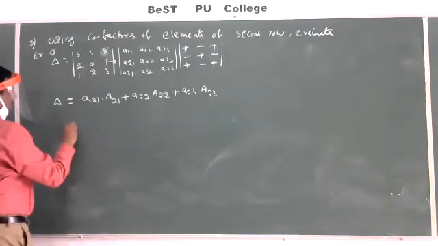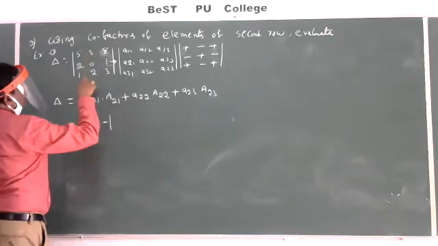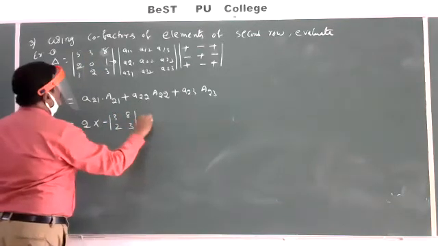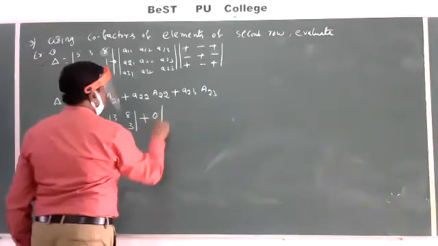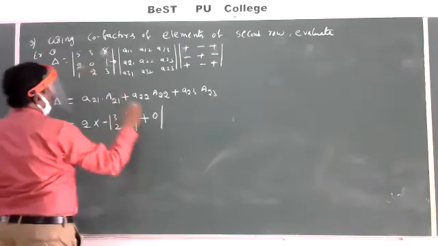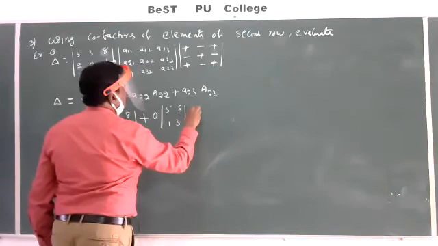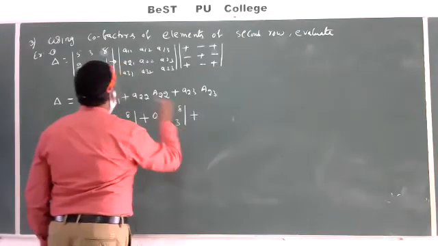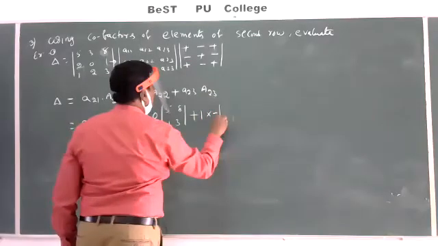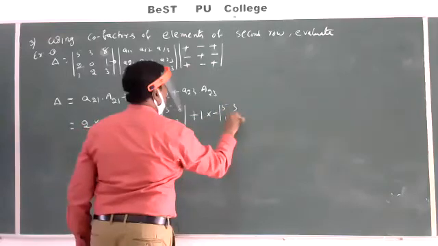If you solve that one, it is again 2 into minus, leaving this row and column, 3, 8, 2, 3, plus a22 is 0, leaving this row and column, 5, 8, 1, 3. Next plus a23 means 1. The symbol here is minus, leaving second row and third column: 5, 3, 1, 2.